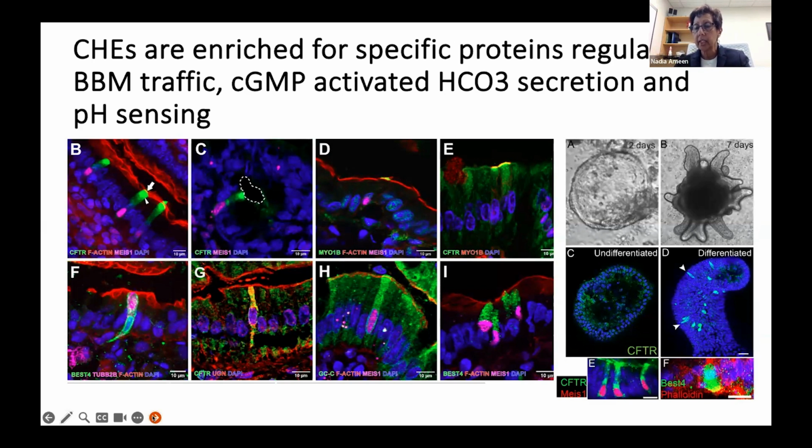In the undifferentiated state of the organoid, you do not see these high expressor cells, but similar to native tissue, in the differentiated organoids you see several cheese cells. In this cross section, we can identify them again by Mice1 staining in the nucleus and CFTR, and we identified bestrophin 4. This was published last June, the rat jejunal enteroid model.